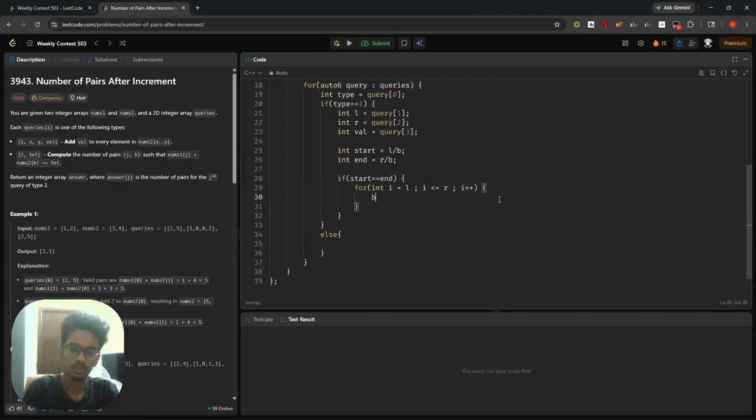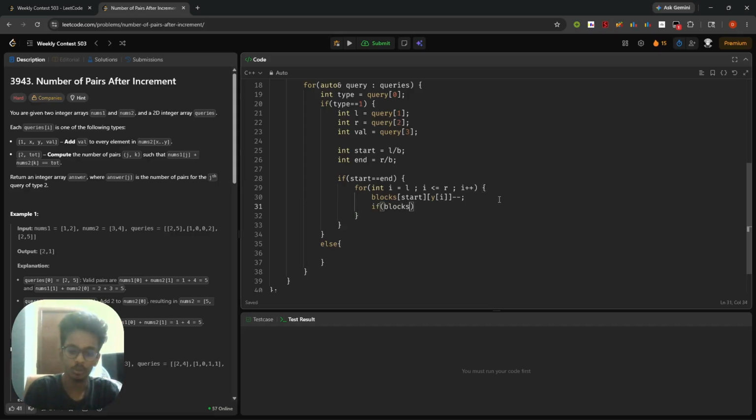So what I will do is, I will do blocks of start, which is the block ID, y of I minus minus. We don't have y of I anymore because we are adding some value to it.